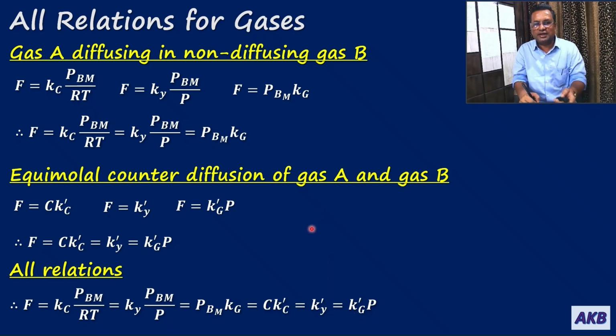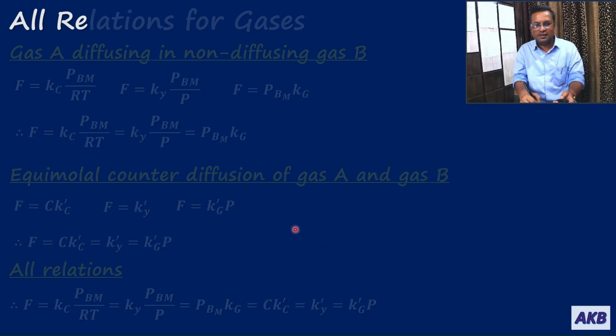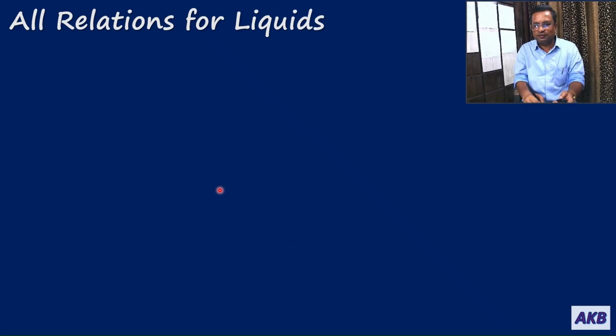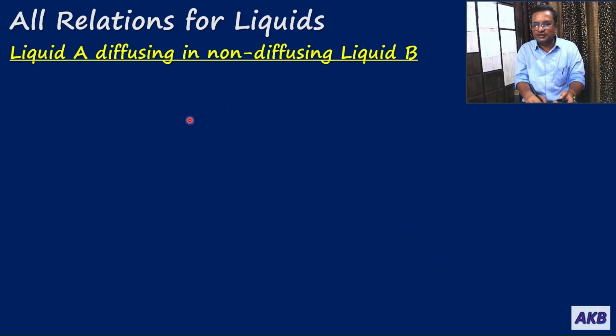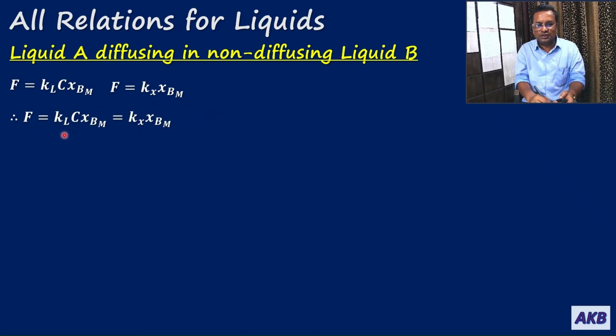Now let us look at all the relations for liquids. For liquid A diffusing in non-diffusing liquid B, F is equal to K_L into C into x_BM, F is equal to K_x into x_BM, and therefore from this you can write F is equal to K_L into C into x_BM, that is equal to K_x into x_BM.